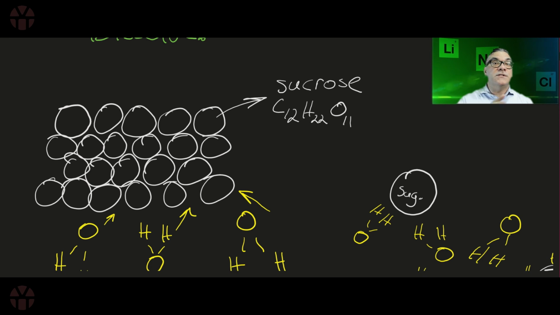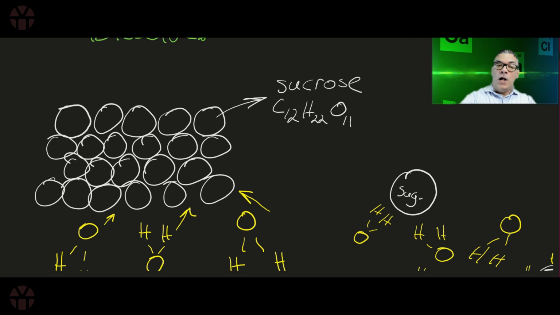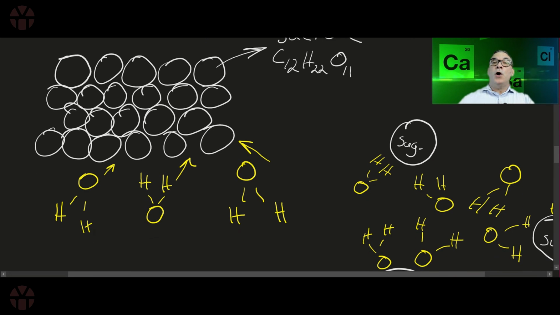Now, for reasons that we're going to call magic right now, there are some forces that keep those sugar molecules combined and joined together. They're intermolecular forces. We'll see them later. But when the water comes into play, the water can actually get between the individual sucrose molecules, the individual sugar molecules.